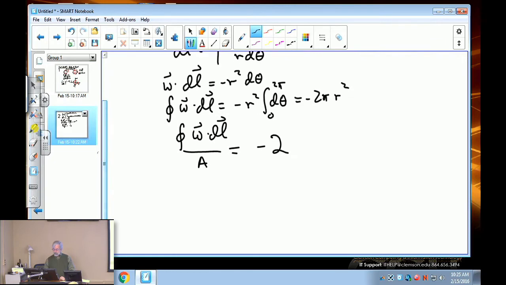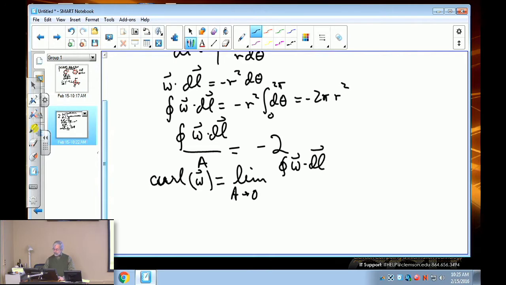Okay. So the curl of W is defined as the limit as this area goes to 0 of doing a counterclockwise path around the area and dividing by the area.